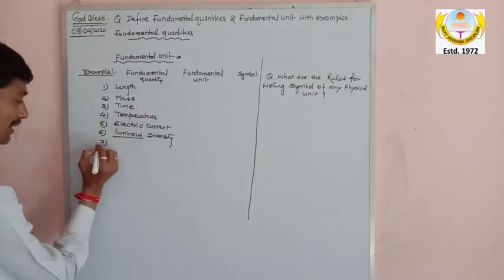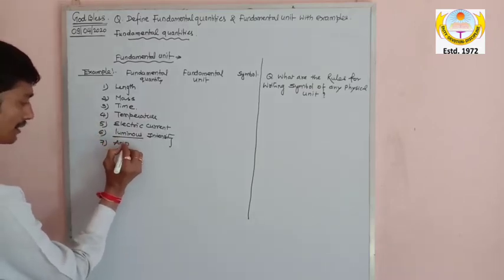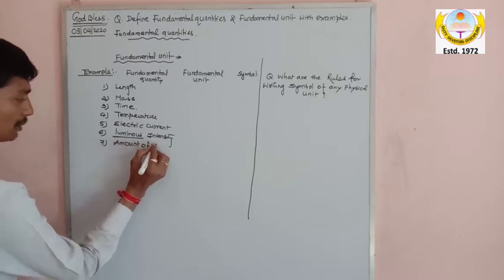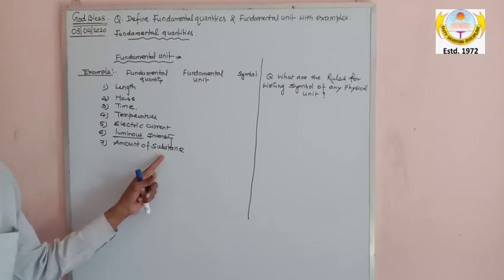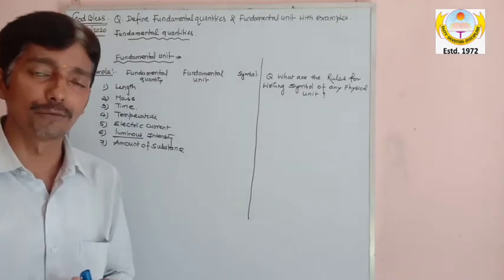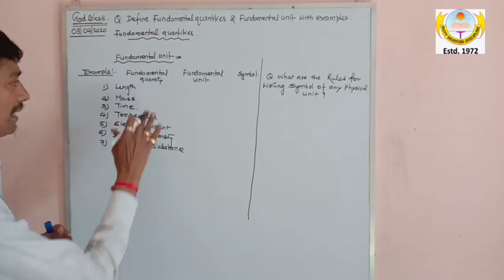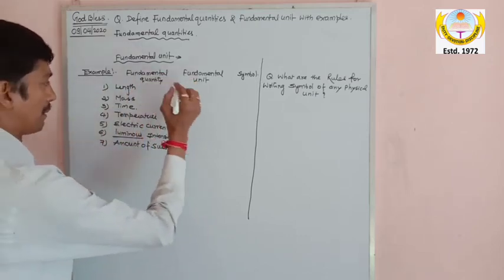And the seventh is amount of substance, or most of the books say matter. We use in chemistry mole, 1 mole of oxygen and all. So my dear, let's start with their fundamental units.